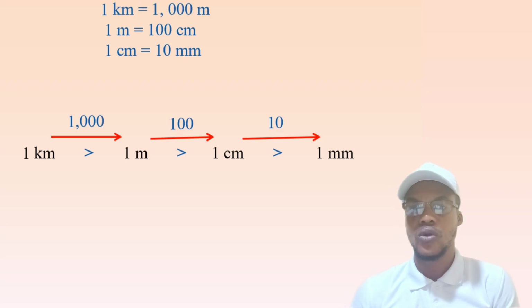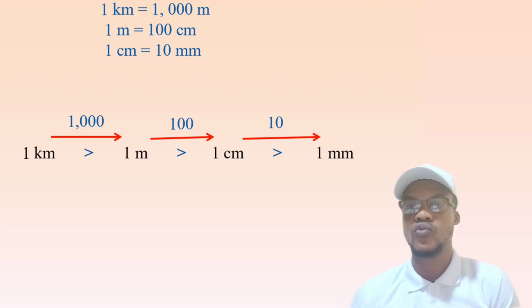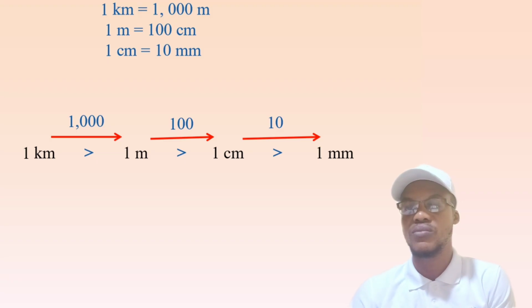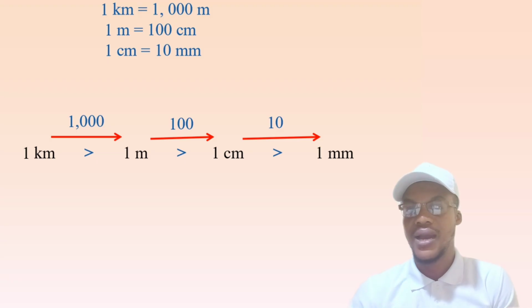If I want to move straight from kilometers to centimeters, I have to pass through meters. So I multiply 1000 by 100 to get centimeters, and that gives me 100,000.